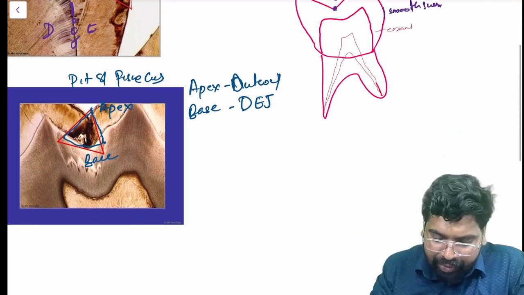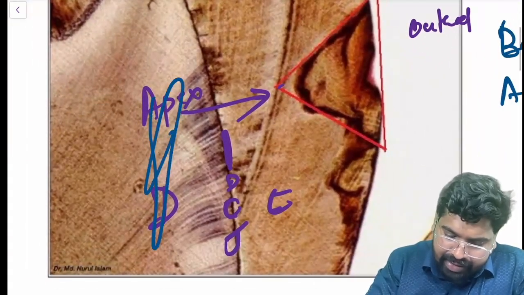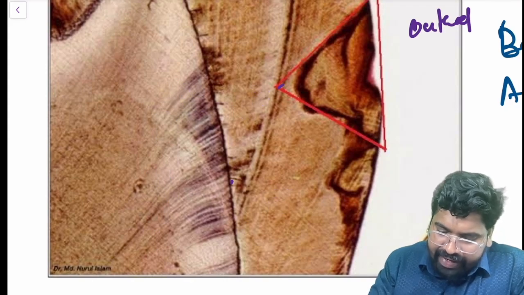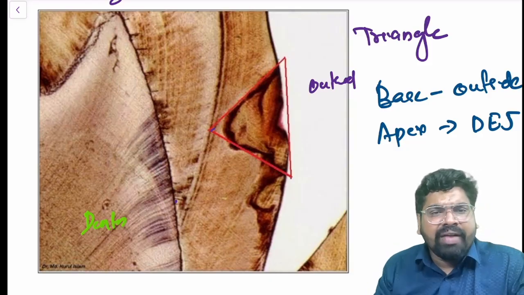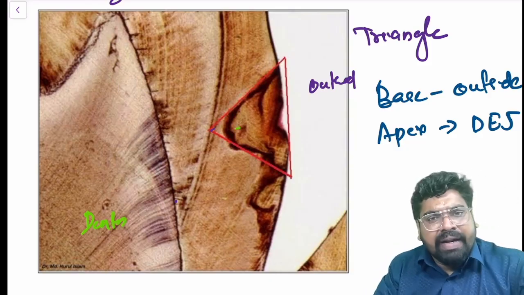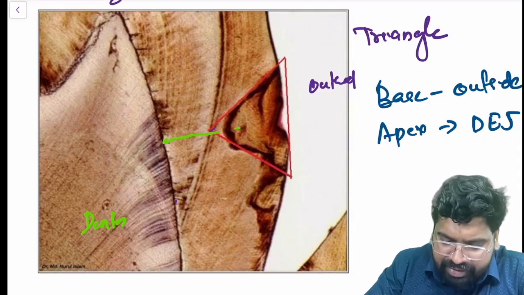Now for dentinal caries, I will draw it here. Here is the dentin. What will happen if the caries comes to the dentin? If the caries is progressing till here, this is the DEJ.